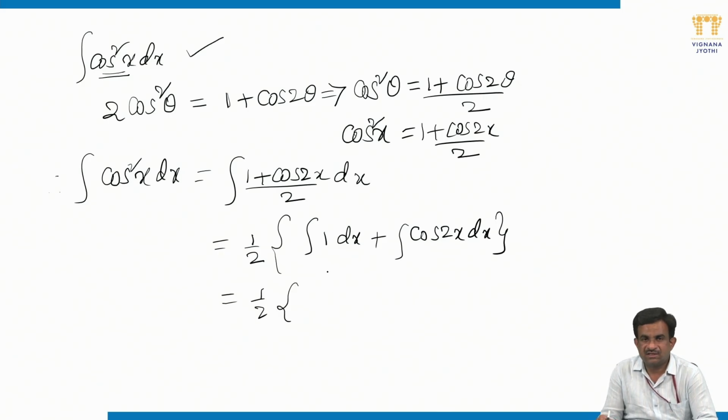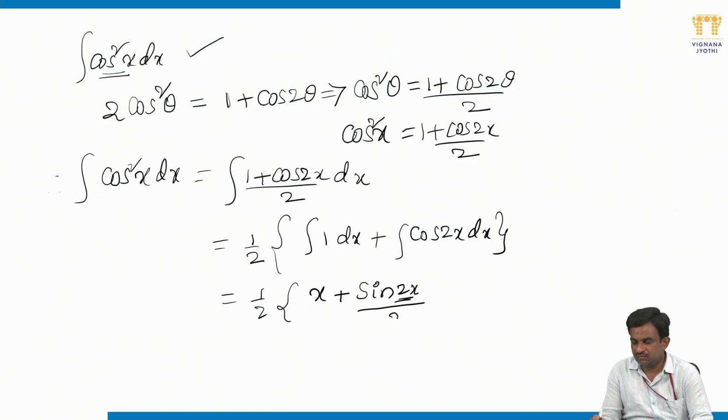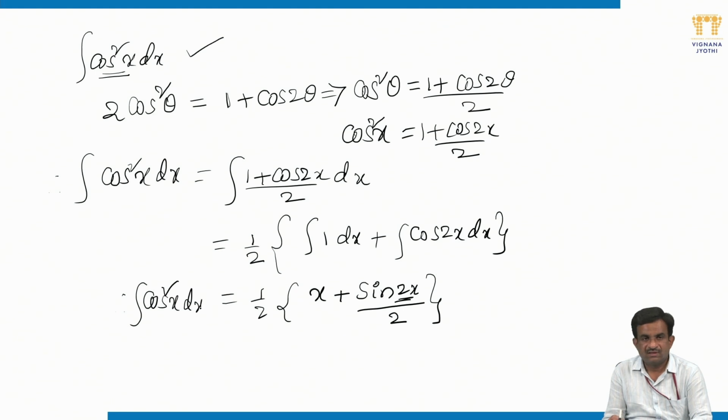So now this is equal to 1 by 2. Just now you have seen that the integration of 1 into dx is x. Then the integration of cos 2x is sin 2x, and again this 2x we have to differentiate, and the differentiation of that is 2, we have to write in the denominator. So in this way you can evaluate the integration of cos square x into dx. This we call an indefinite integral.